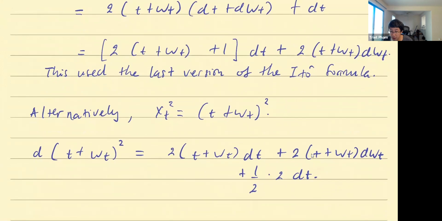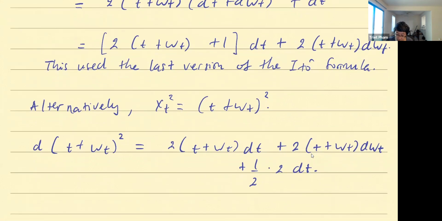Okay, but do appreciate the point of view here. It's the old Ito formula, where we used f(t, x) equals (t plus x) squared.